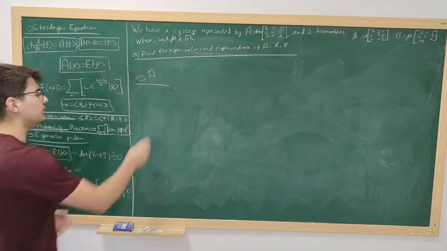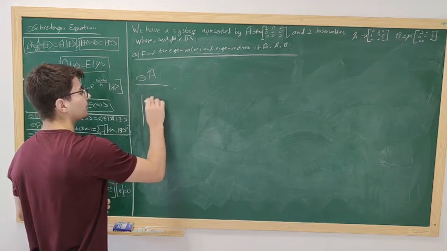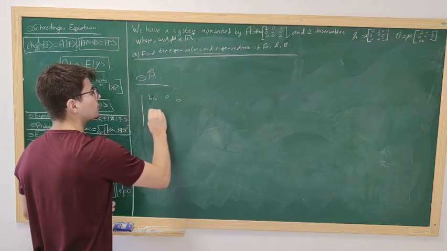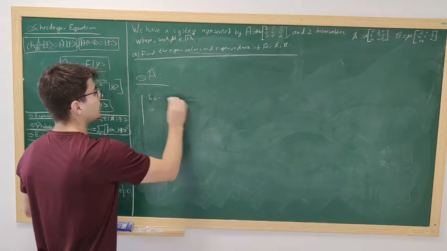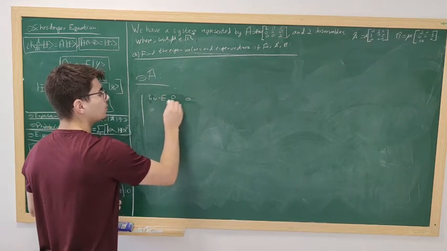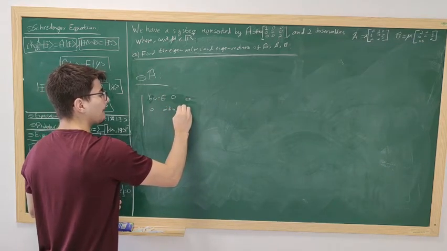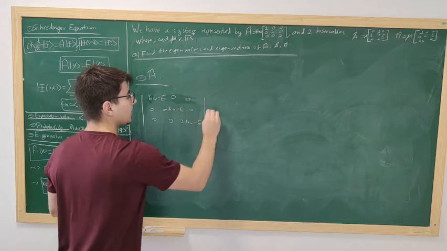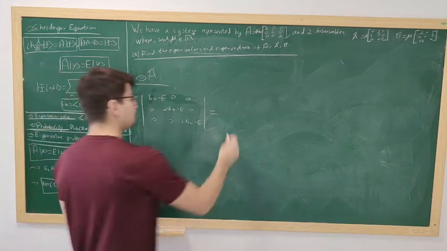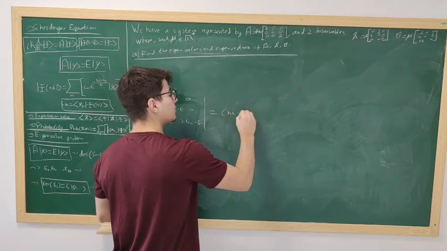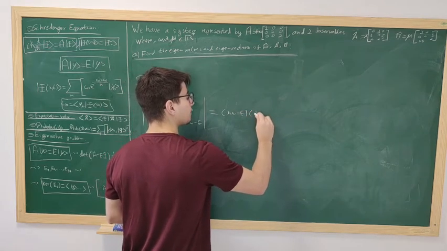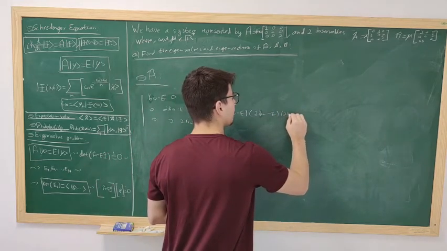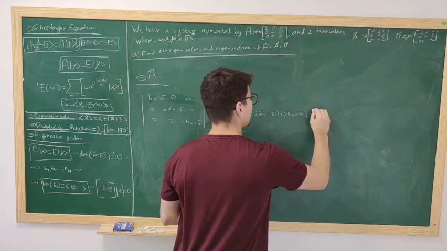But if you don't trust me, we can do this quickly and write the matrix ħω minus E, 0, 0, 0, 2ħω minus E, 0, 0, 0, and 2ħω minus E. This determinant is nothing but (ħω minus E)(2ħω minus E)(2ħω minus E), and we are imposing that this is 0.